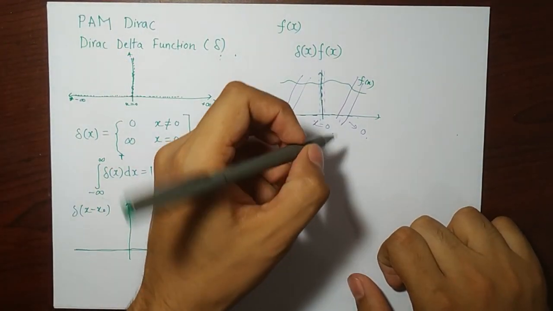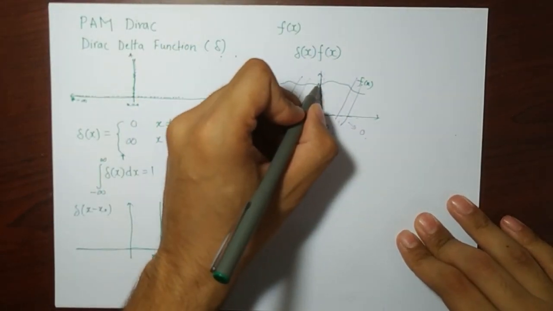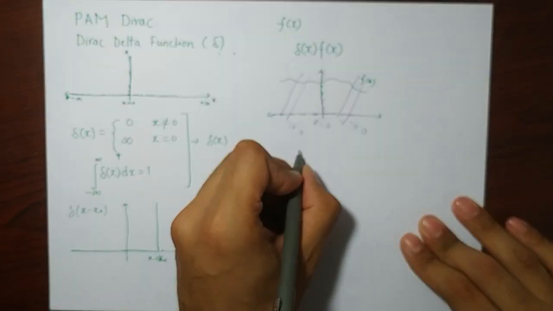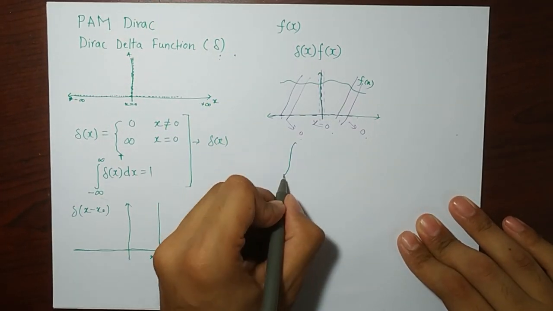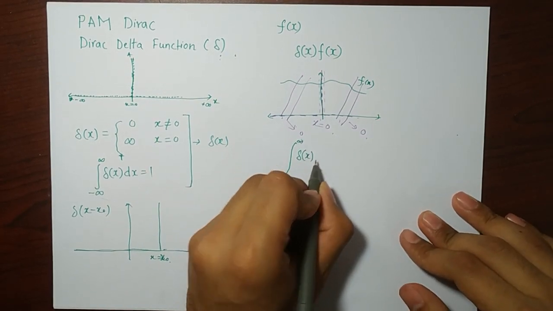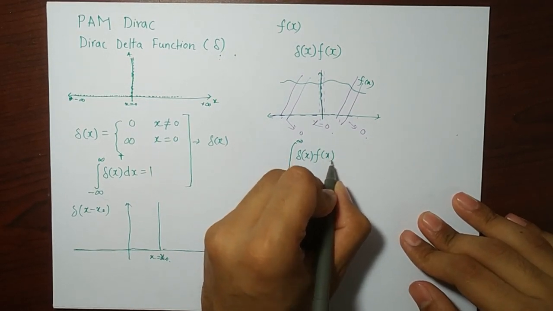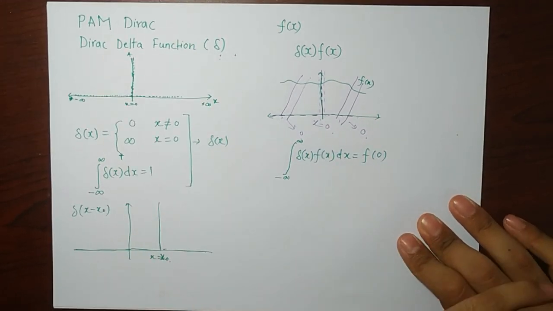So whatever value this function has at 0, the integral going from minus infinity to plus infinity of del of x f of x dx is basically f of 0.